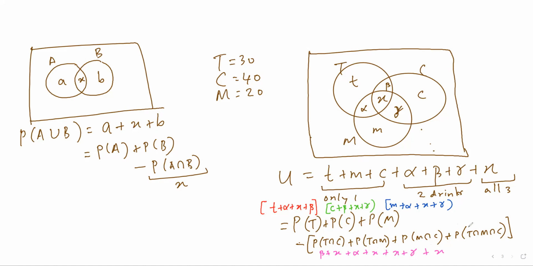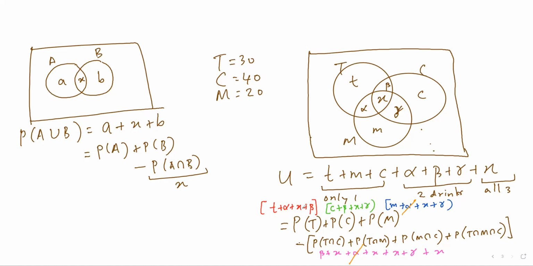You can see now, look here. There are two alphas here. So when we want to cancel them out, you will cancel one alpha with an alpha here.